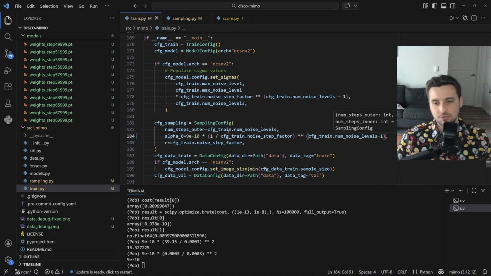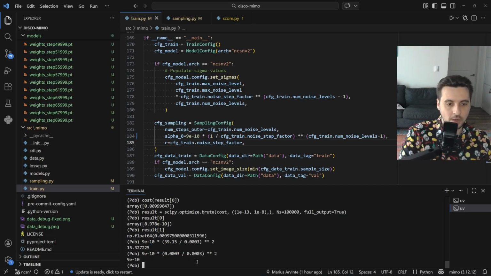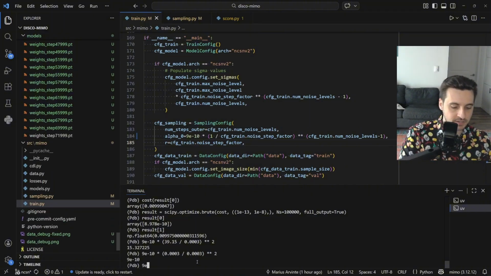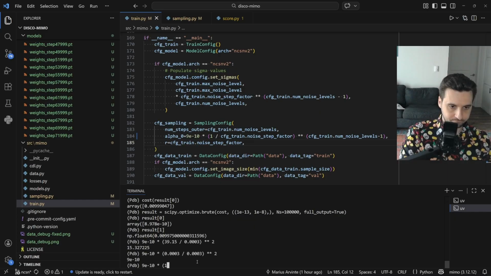So this will be ginormous for me. It will be 15, right? Because, so let's test this out. So it'll be 9 e minus 10 times 1 over 0.995 to the power of 2310.